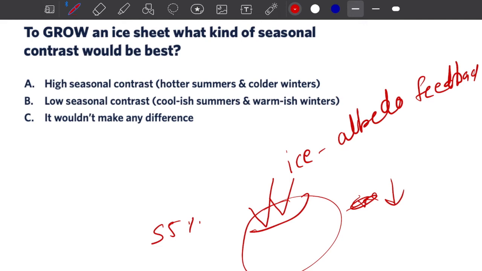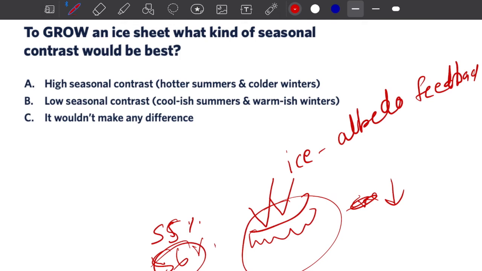So temperature will fall down. If the temperature falls, this 55% will become 56%. The sea ice will enlarge, the coverage area will increase because temperature is going down, because the albedo is there.